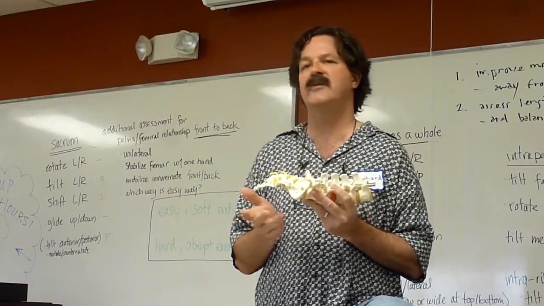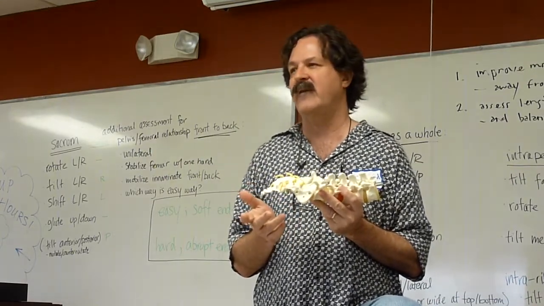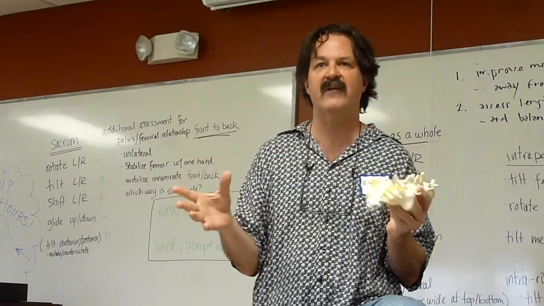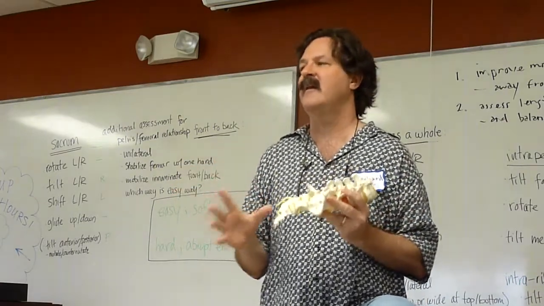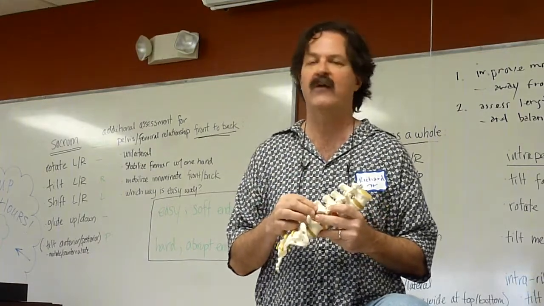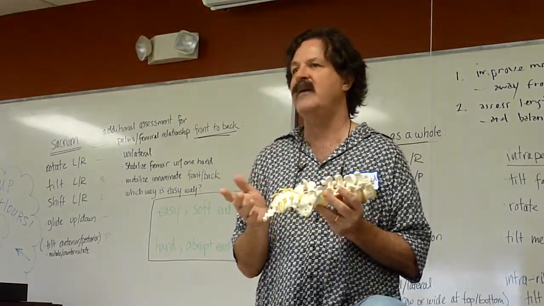Because really what you're doing is unlocking a joint fixation. And kind of like that thing yesterday with the pelvis and the pubic symphysis, if you just unlock the joint fixation, the segments will neutralize in all the planes that they need to neutralize in.